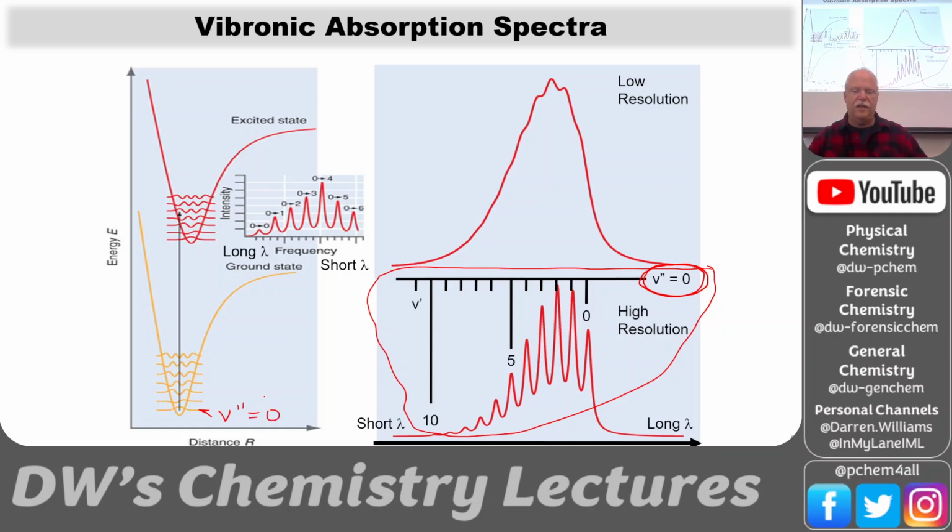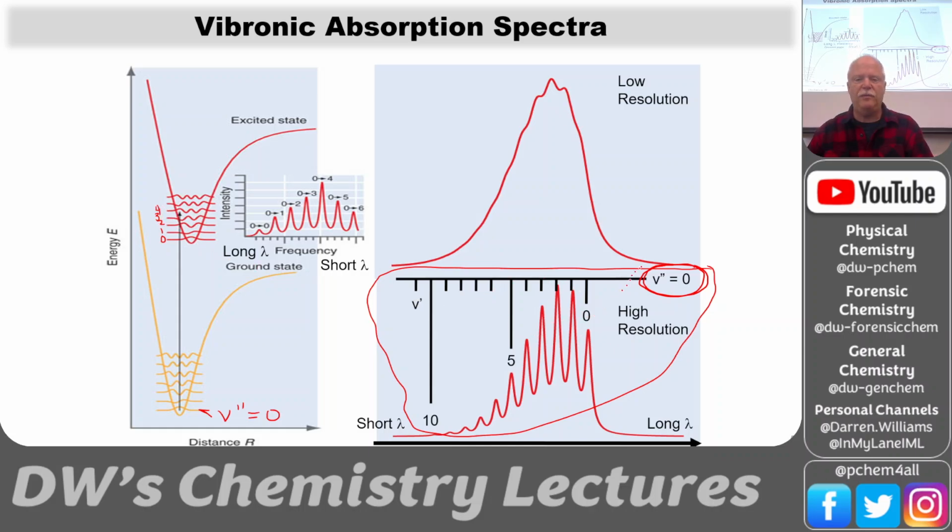And again, just like the rovibronic lab or the carbon monoxide lab, the double primes are the lower state or the initial state, and then the primes are the upper states. And so here we have V double prime equals 0, and then it can go to 0 or 1 or 2 or 3, 4, all of these different transitions up here.